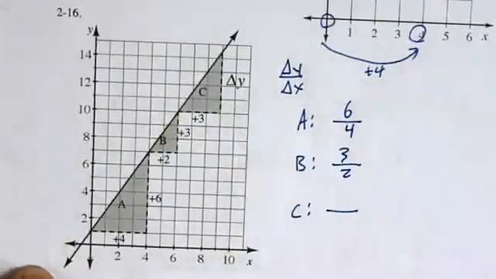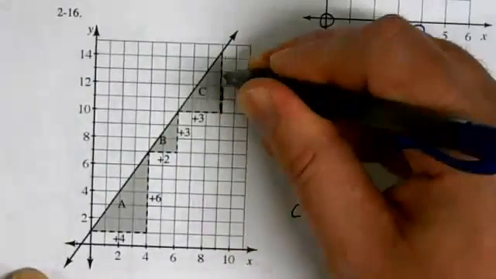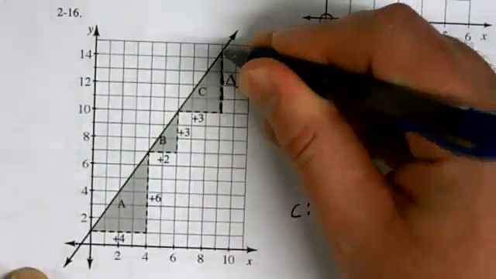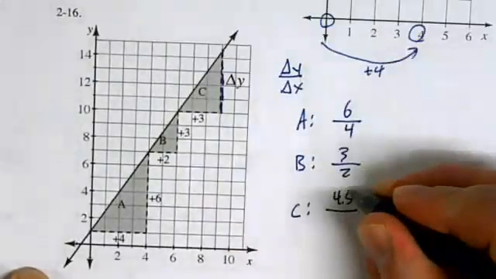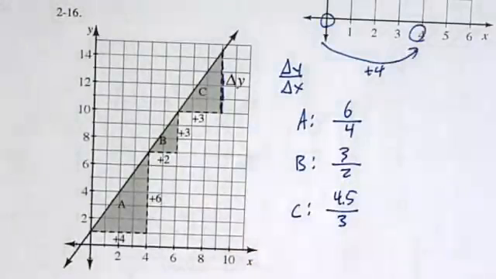And C was tricky because what did you have for the change in y for C? 4.5? 4.5/3. All right. You figured something out? What'd you figure out?